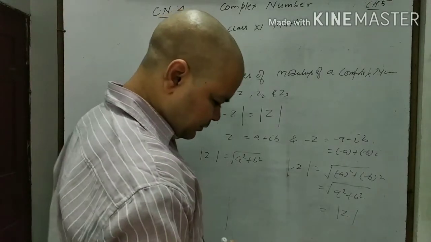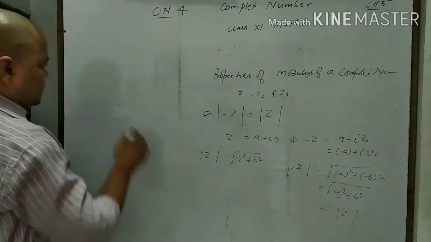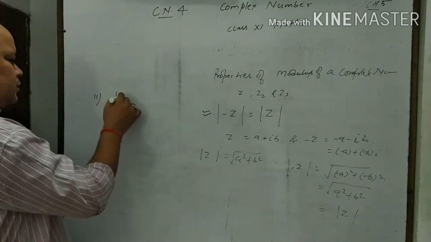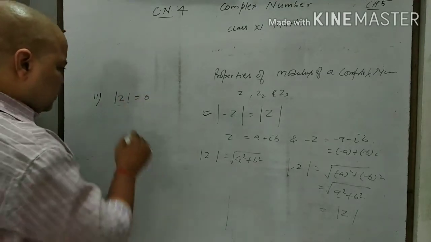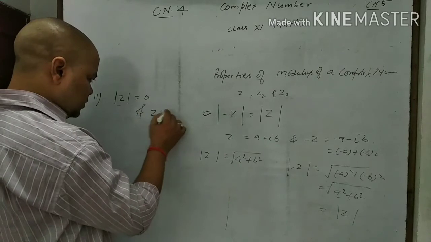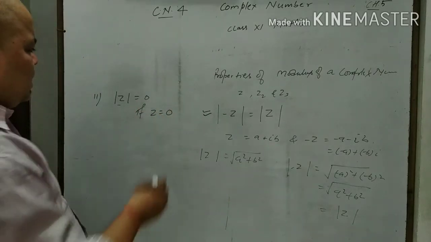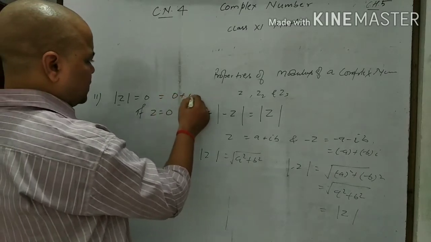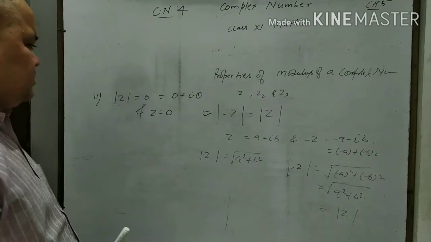Now similarly we can verify that. The second thing: the modulus of z will be 0 only if z is equal to 0. It means 0 is also a complex number. We can write it in the form of 0 plus 0i.